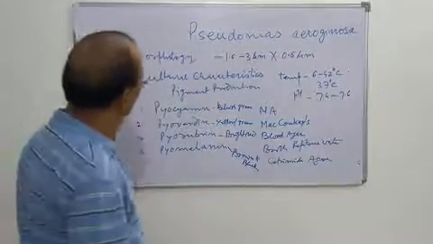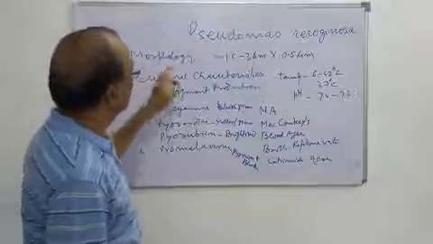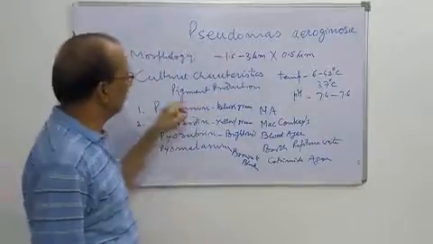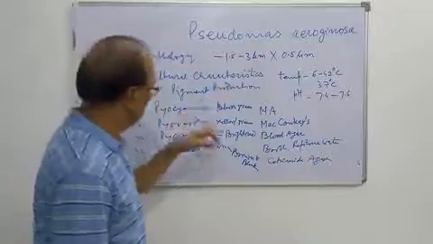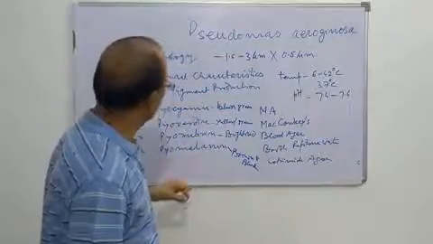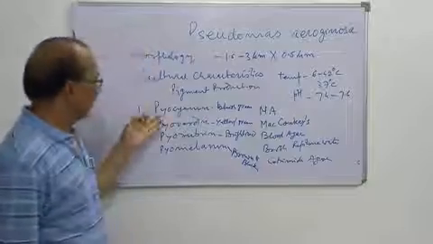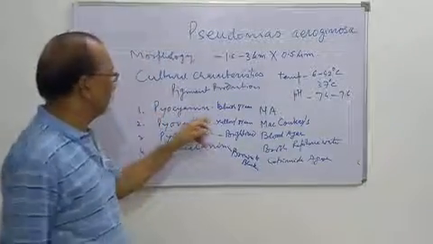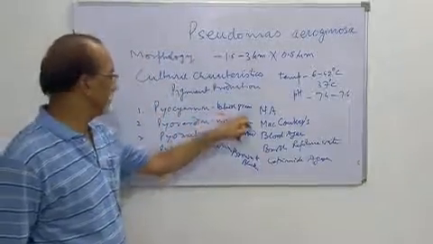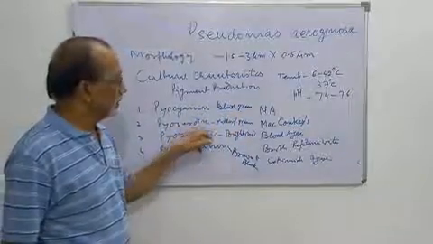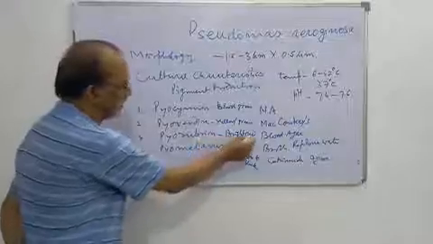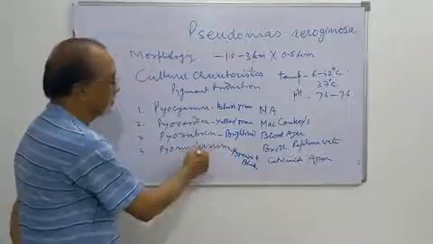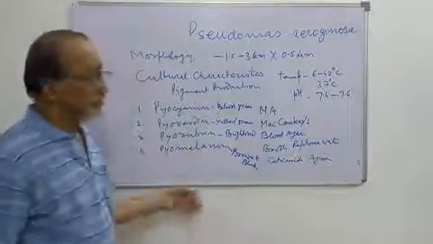So again, Pseudomonas aeruginosa produces different types of pigments which diffuse in the medium. The names are pyocyanin, bluish green; pyoverdin, yellow green; pyorubin, bright red; and pyomelanin, brown to black.